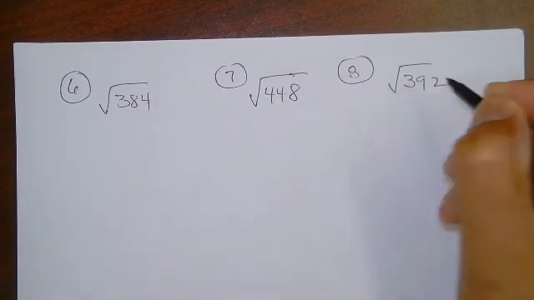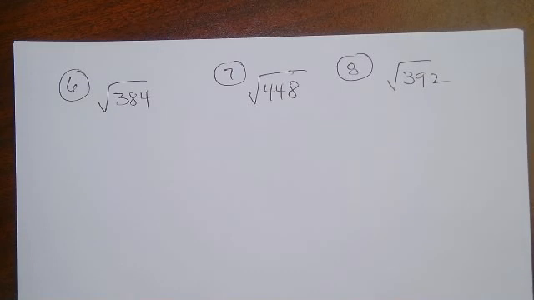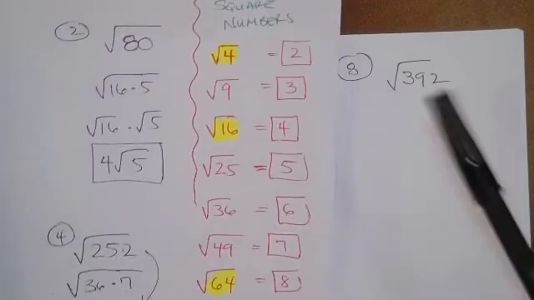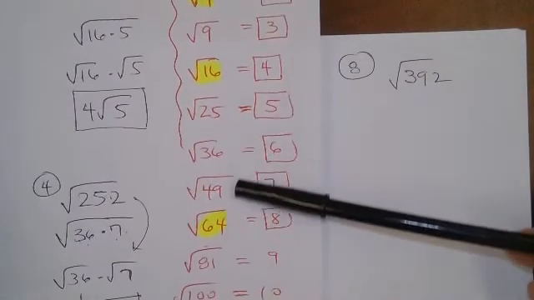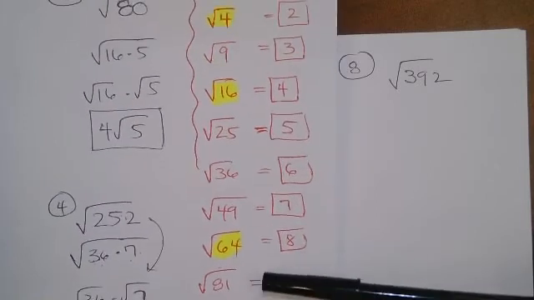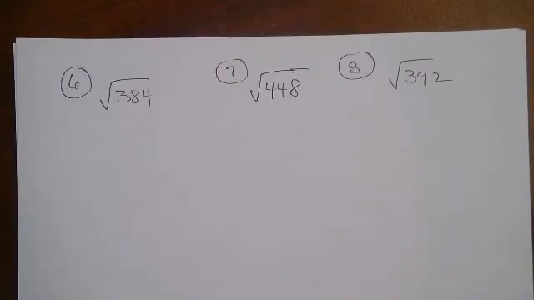The square root of 448. And the square root of 392. Remember, you're trying to divide each of these by what? These perfect square numbers that have perfect squares that can square root.